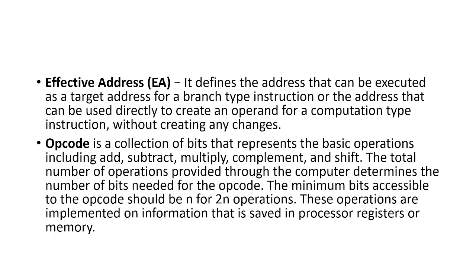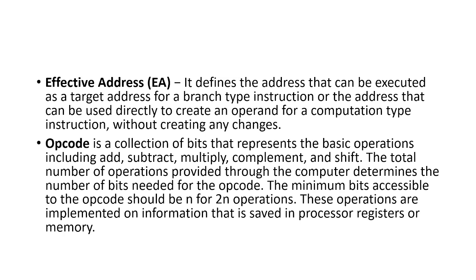And the effective address is nothing but a target address for the branch type instruction, or the address that can be used directly as an operand for the computation process without creating any new changes in that. So the opcode is a collection of bits that represents the basic operations. It is basically a binary code that represents the specific operation to be performed.